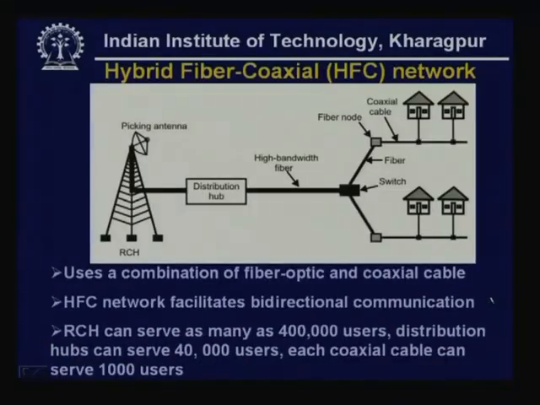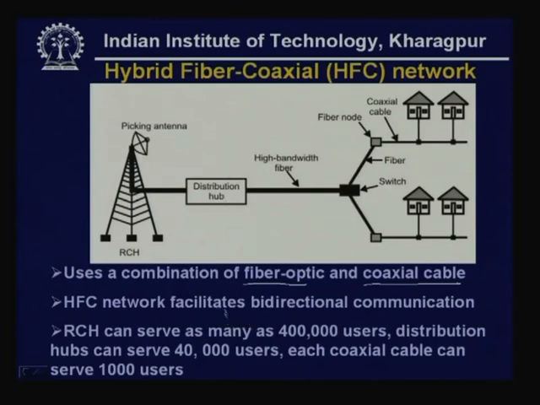To overcome this limitation, the cable TV system has been extended, which is known as the hybrid fiber coaxial network. Here, as you can see, a combination of fiber optic and coaxial cable is used. Here there is a regional cable head, RCH, where the signal is picked up with the help of an antenna, again on a tower or on top of a tall building, and from there the signal goes to distribution hubs.